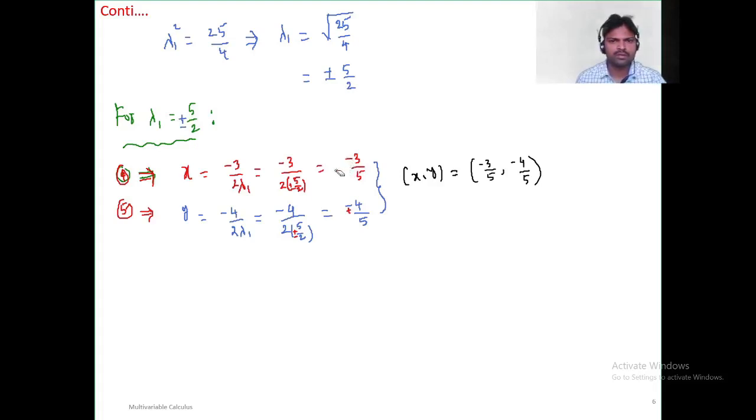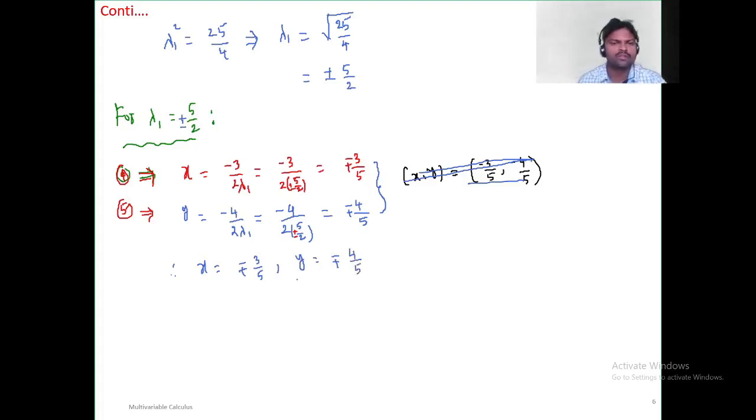Here minus or plus 3 by 5, because the minus is there, and here again minus or plus 3 by 5. So x is minus or plus 3 by 5 and the y value is minus or plus 4 by 5.